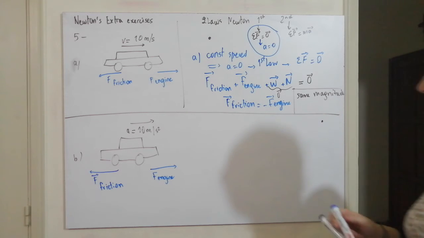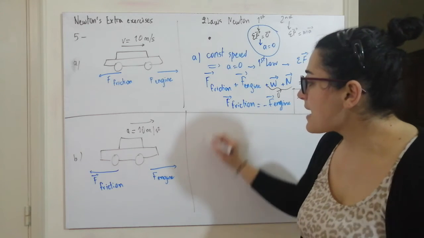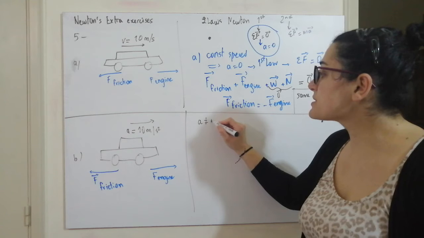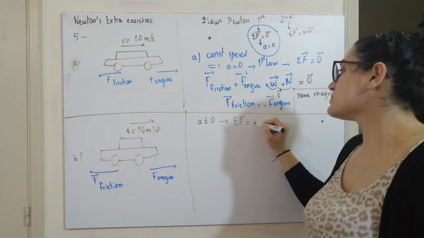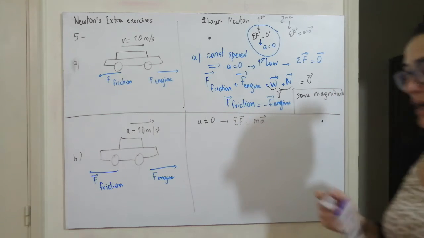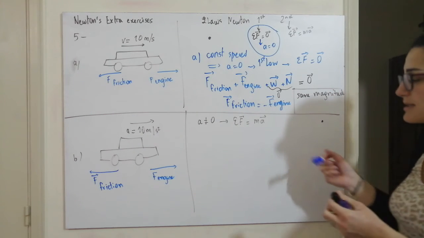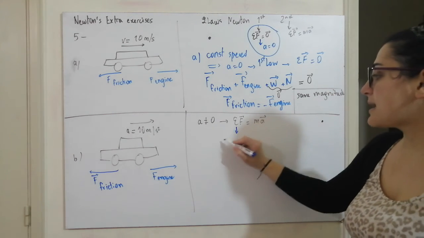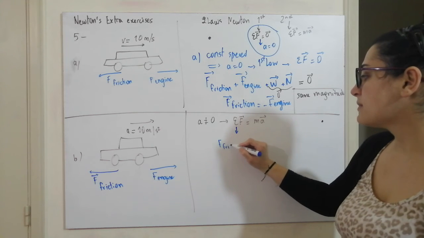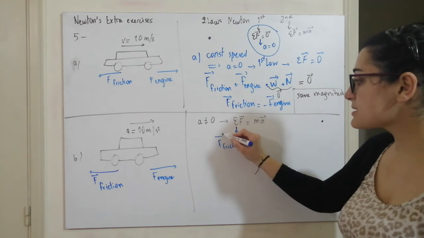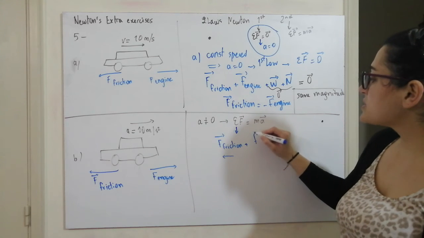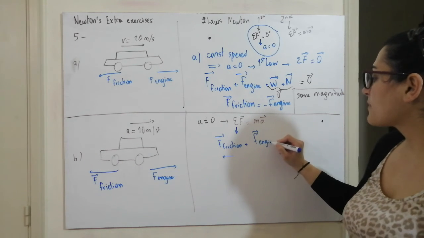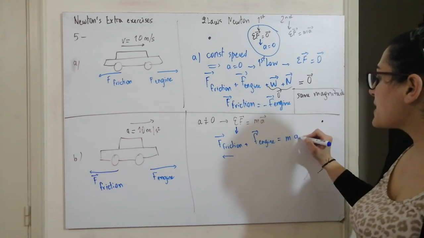Now, in the second case, I have A. A is not equal to 0, which means the sum of the forces is equal to M times A. Now, the sum of the forces is the same, which means here I have F friction. This force, in fact, is going backward, plus F of engine equals MA.